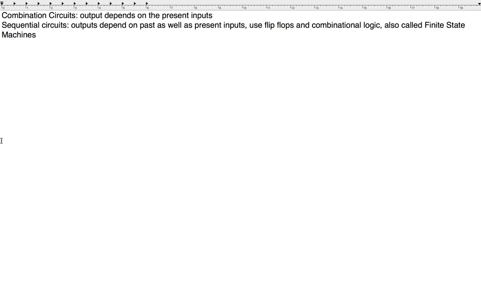Okay, so what we're going to see here is the general form of a finite state machine. For the general form, we're going to have three blocks.